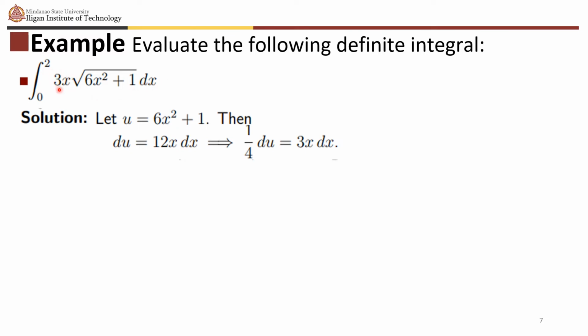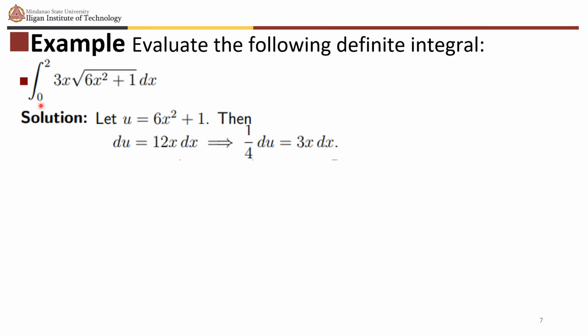So to be able to get this value, we can divide du and 12x dx by 4 and come up with 1/4 du equals 3x dx. So you now can see that you can substitute your 3x dx by 1/4 du, and your square root is equal to u to the 1/2.